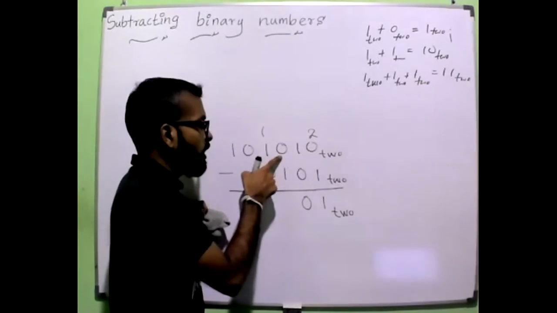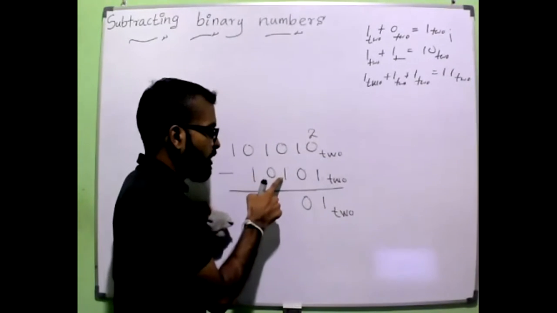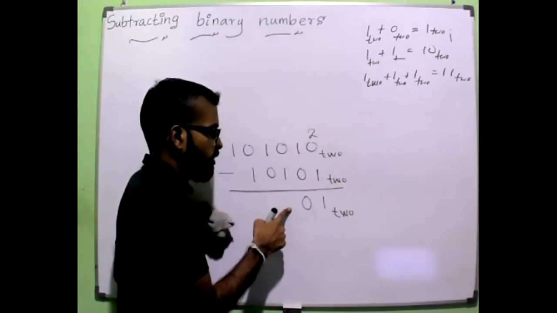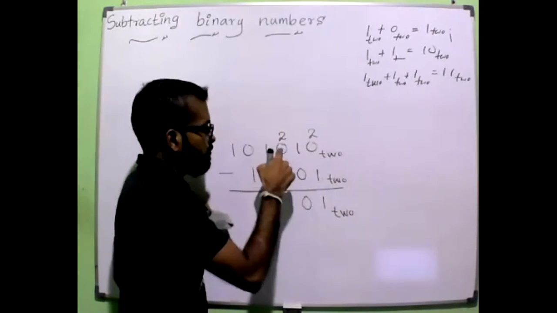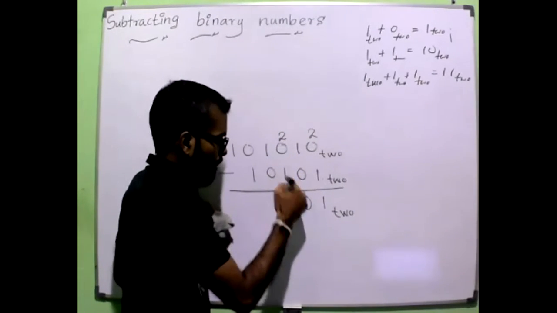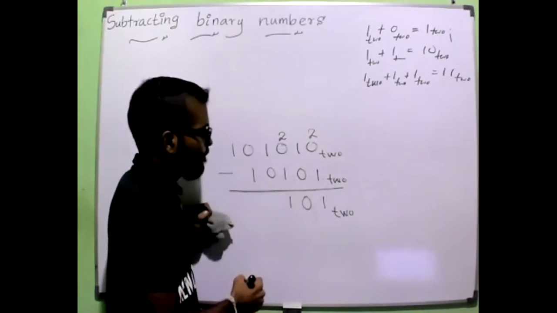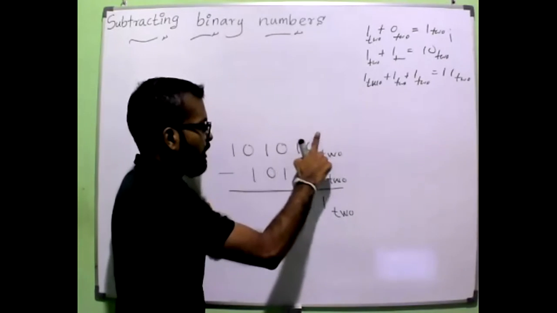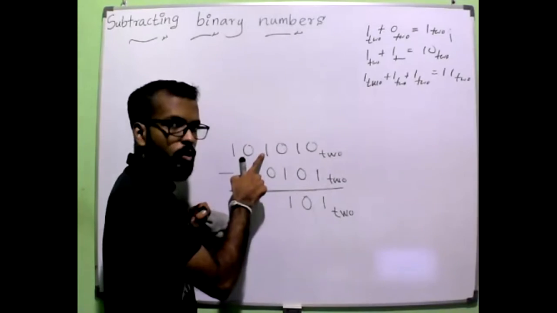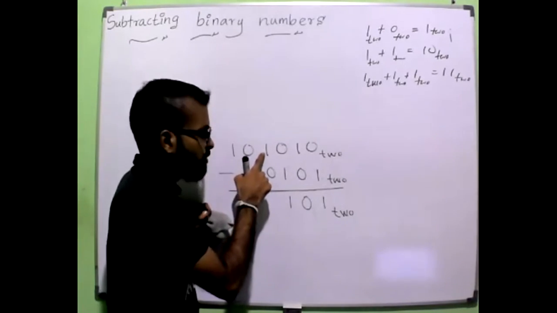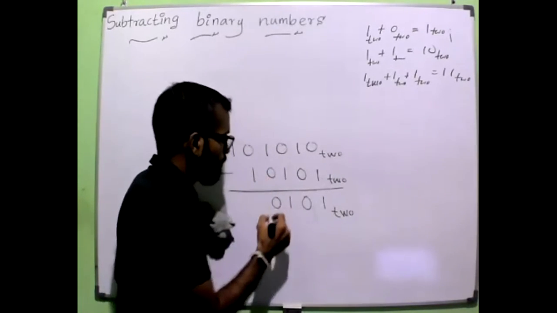Now here you have again same thing, 0 minus 1, you cannot do that. Take this 1, it becomes 2. 2 minus 1, 1, right? I am clearing this thing. Here now, not the 1, but it is 0. 0 minus 0, 0.